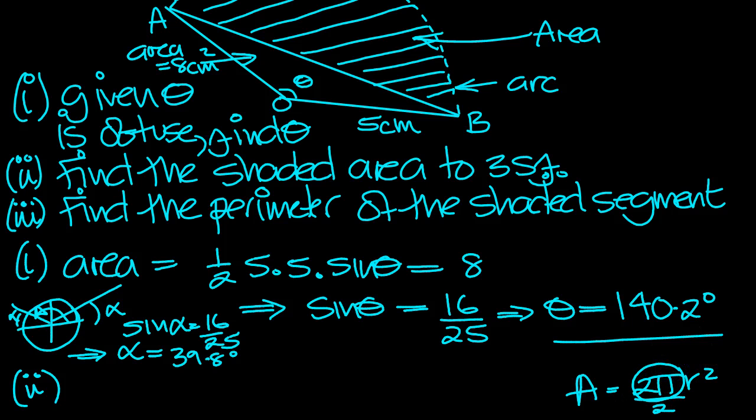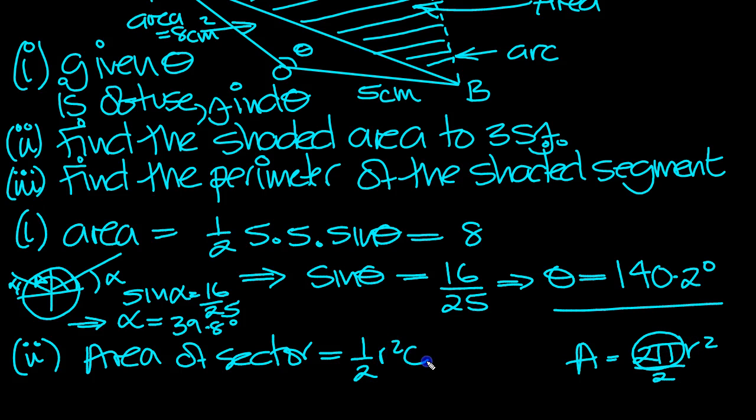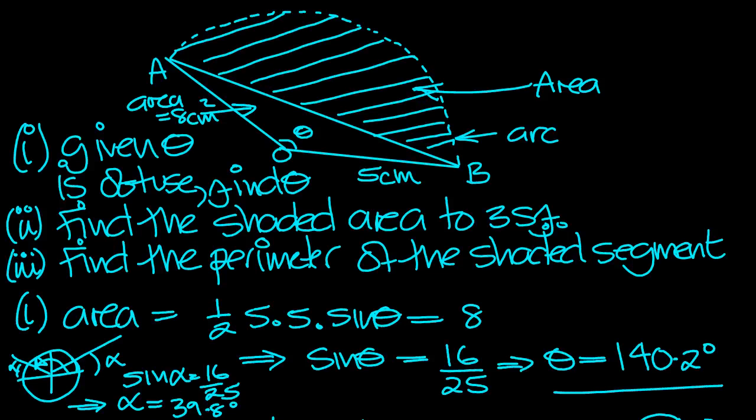That helps us to remember what the area of a sector is. The area of a sector is not 2 pi, but the actual angle. So it's half r squared theta. There's the formula that is discernible from this simple fact.